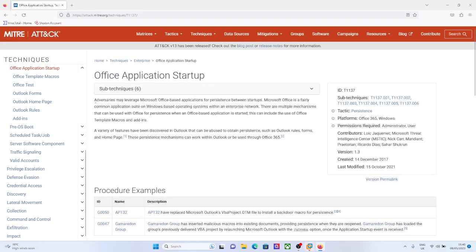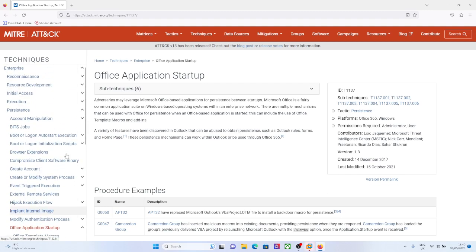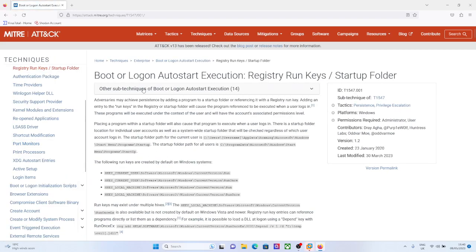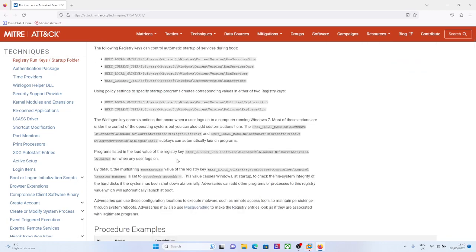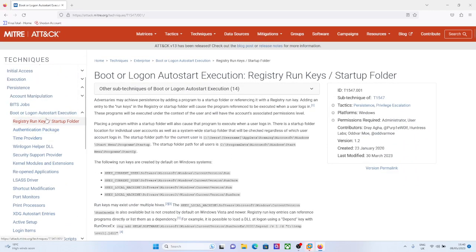Like, let's find persistence, well-known persistence mechanisms, and then try to understand their details. So this is a technique called boot or login autostart execution, and these are the sub-techniques.